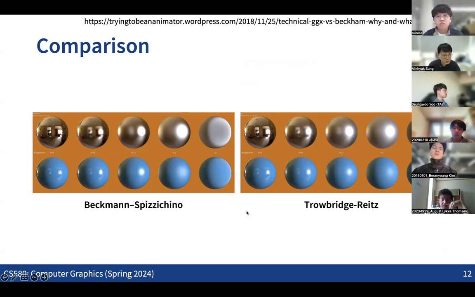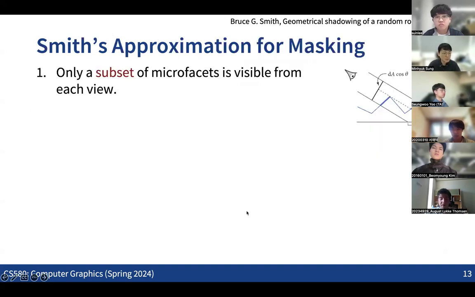That will also affect the outputs. To approximate this masking effect, the occlusion of one microfacet by another, Bruce Smith introduced an approximation to model this masking, which was also introduced in the old days, in 1967.